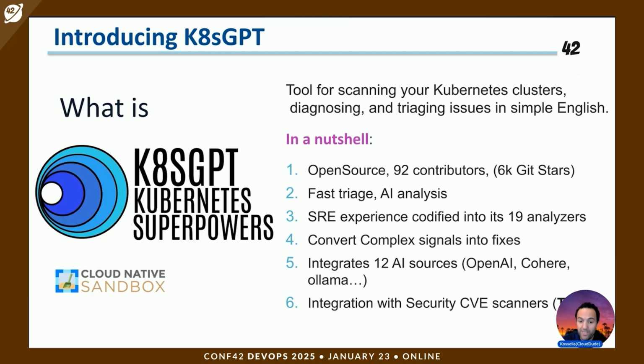We'll talk about it deeper in the next slide. And it converts the complex signal into understandable suggestions. This is like the best part, where you get suggestions that are understandable and ready to use as a solution. It also supports over 12 AI endpoints. I'm saying 12, but maybe it got bigger, right? So think of any type of AI endpoint you could imagine.